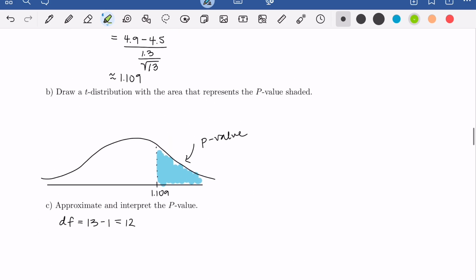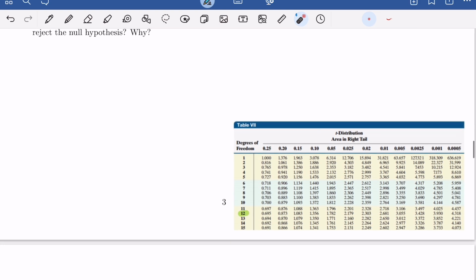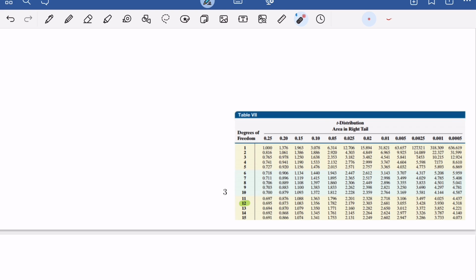Now going back up here, remember our test statistic is 1.109. So in this row corresponding to 12 degrees of freedom, we want to find the values closest to 1.109. So notice this first value here, this 1.083, is pretty close, and then the next one over is 1.356. So clearly our test statistic is going to lie in between these two values.